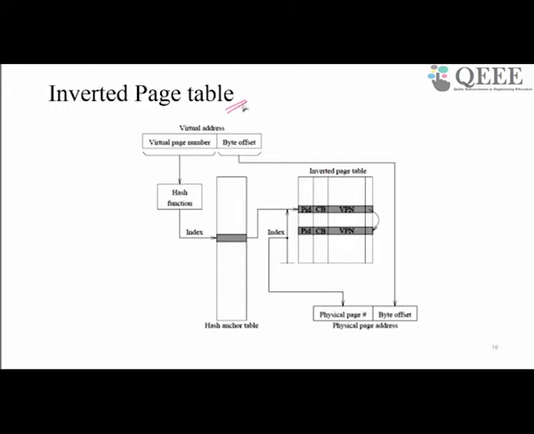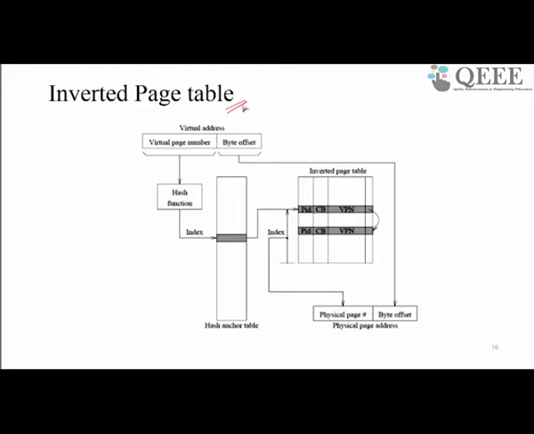Another way is what is called the inverted page table. So the page table is supposed to hold a number of page table entries, one for each virtual page. If the number of virtual pages is large, the page table is larger.